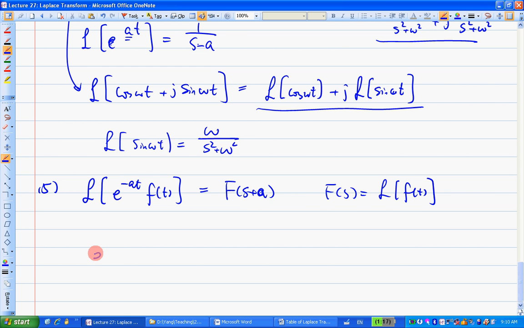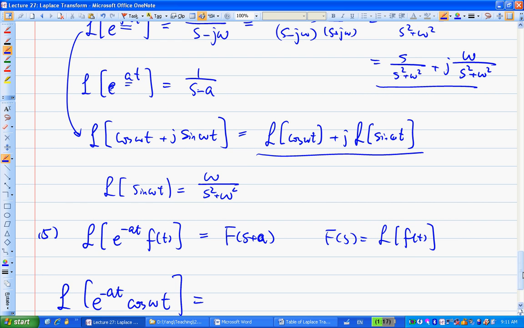So for example, if I have e to the power negative at times cosine omega t, what is the Laplace transform of this according to the property? This s will change to s plus a. That's right. So this will be s plus a here.